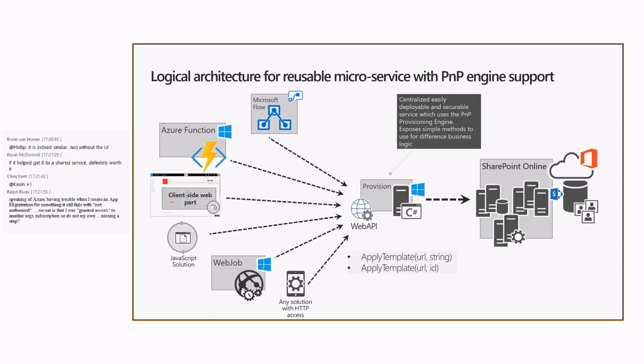Speaking of Azure, having trouble when creating an app registration for something, it still fails with not authorized, even after being granted access. So on that, all of this Azure application authentication and authorization is going to be changed whenever we get the improved Graph Azure AD application access token handling out, which is now planned to go out still this month for preview. There will be significant changes on that.